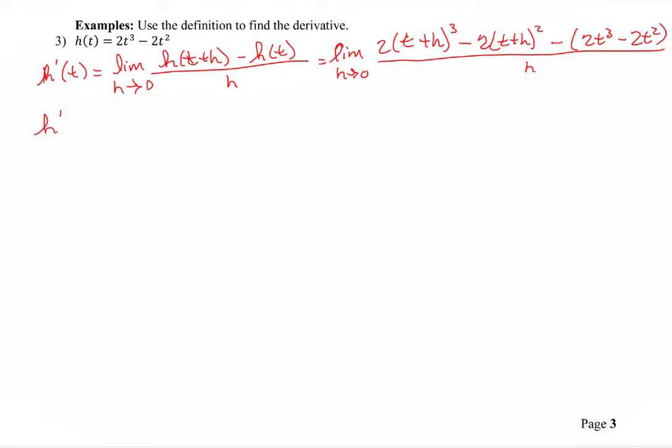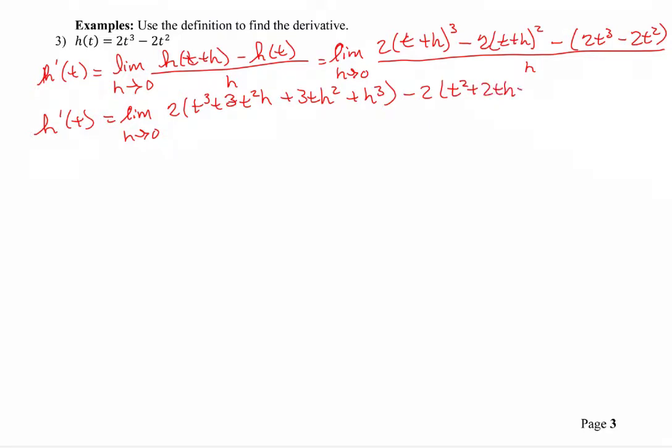So script h prime of t equals the limit as h goes to 0 of 2, and we found this above, t cubed plus 3t squared h plus 3th squared plus h cubed, minus 2 times t squared plus 2th plus h squared, minus 2t cubed plus 2t squared all over h.